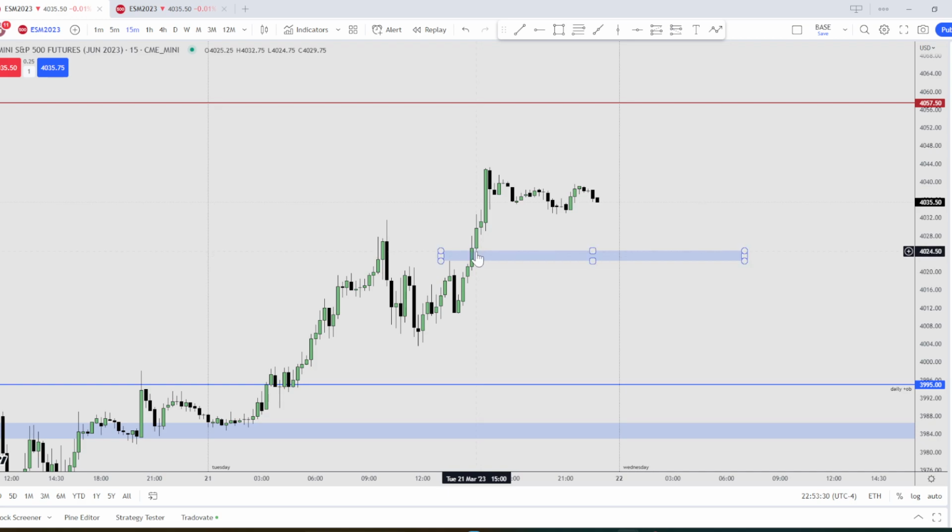Right, it lines in nicely with that 15 minutes fair value gap right here from yesterday's PM session. Right, so as long as this is consolidating right here, it's a good sign that we're gonna get a pretty nice setup during London. Right, we'll see what happens when price closes here.